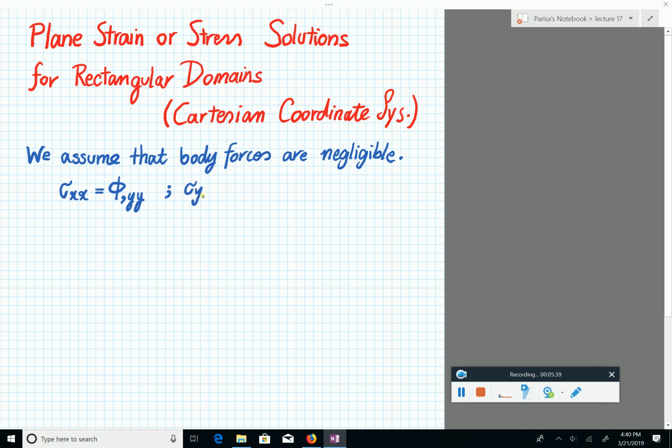Sigma yy is similar, the derivative is with respect to x. And then we have sigma xy, which is negative, and the derivative with respect to x and y. Any mistakes? No.